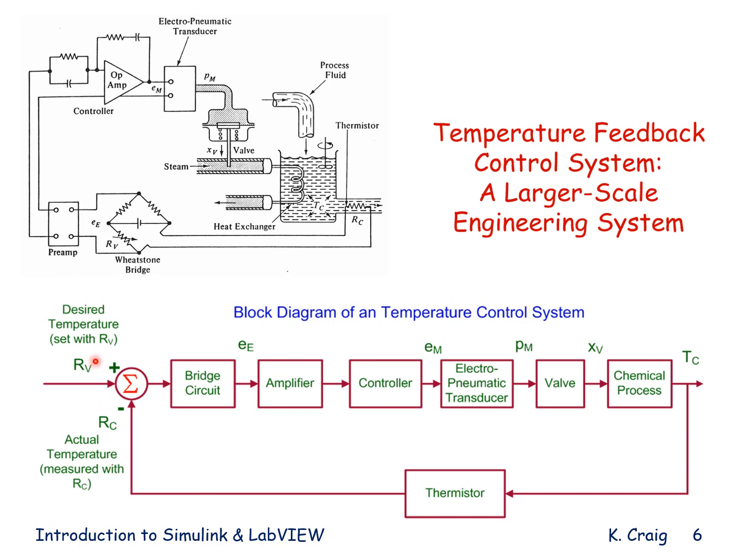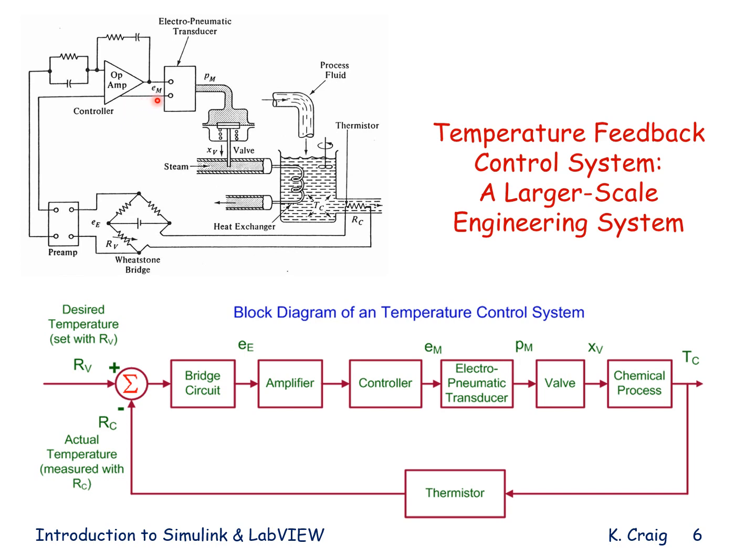The desired temperature is set with a variable resistor in the Wheatstone bridge. The voltage out of the Wheatstone bridge is what we call our error voltage in this case. It is then amplified and sent to an electronic controller, in this case implemented with op amps, resistors, and capacitors.